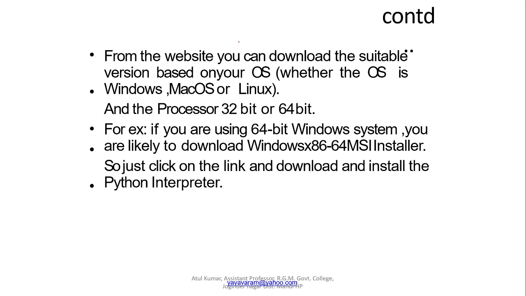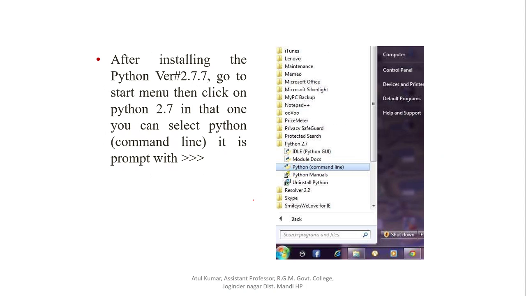You can download a suitable version based on your operating system, which may be Windows, Mac OS or Linux, and the processor may be 32-bit or 64-bit. For example, if you want to download for a 64-bit Windows system, just click to download the Windows x86-64 MSI installer. Just click the link, and after downloading, install the Python interpreter.